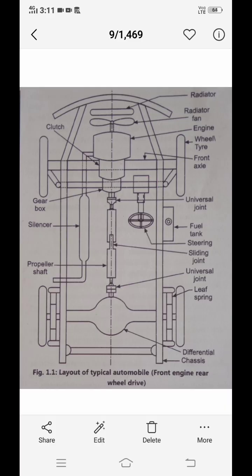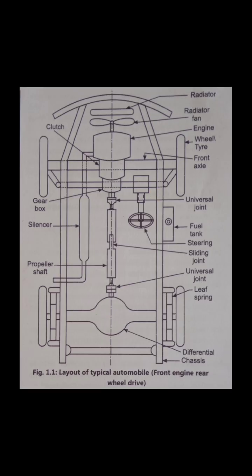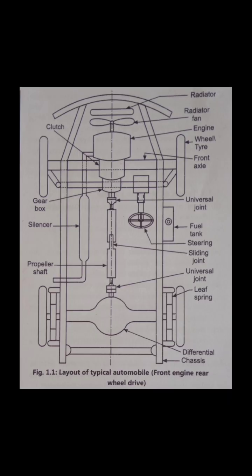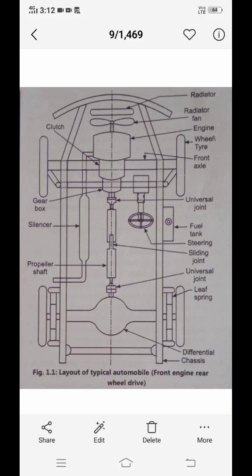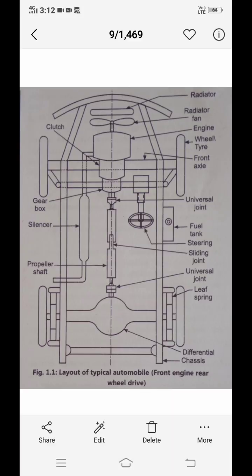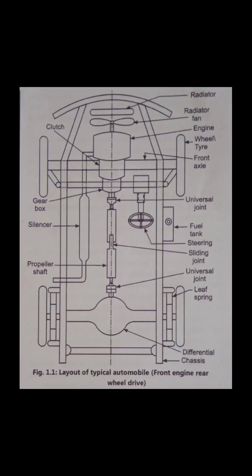That means if the road is rough or not plain, in such a case we should use the four-wheel drive mechanism, because we require the balancing of the vehicle. For that purpose, the driving system is four-wheel drive. This is a factor which affects the vehicle layout.